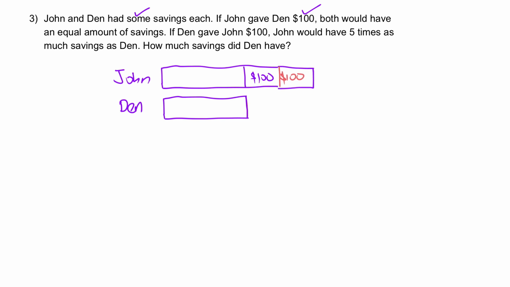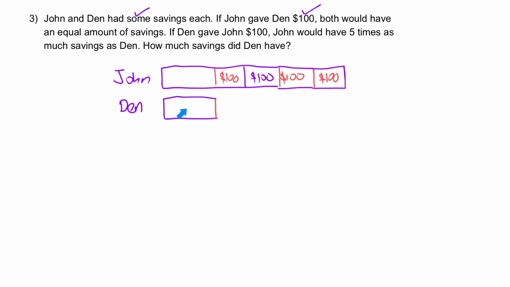Dan is going to give this $100 right now to John. Before I shift this portion here, the equal portion here must also be 100. So right now, Dan is going to give this 100 to John here. And then we have the missing value here. Gone.